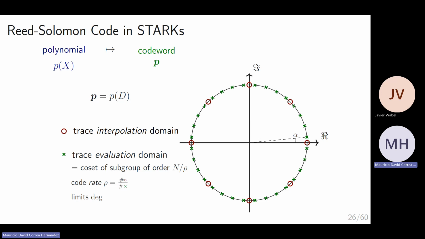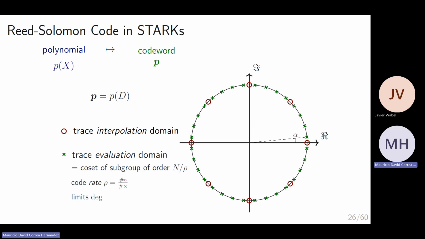What was D? Capital D is the domain, and in this case, that's the set of green crosses. Every code word is a vector, but not every vector is a code word. That's where we use the low degree test to distinguish.